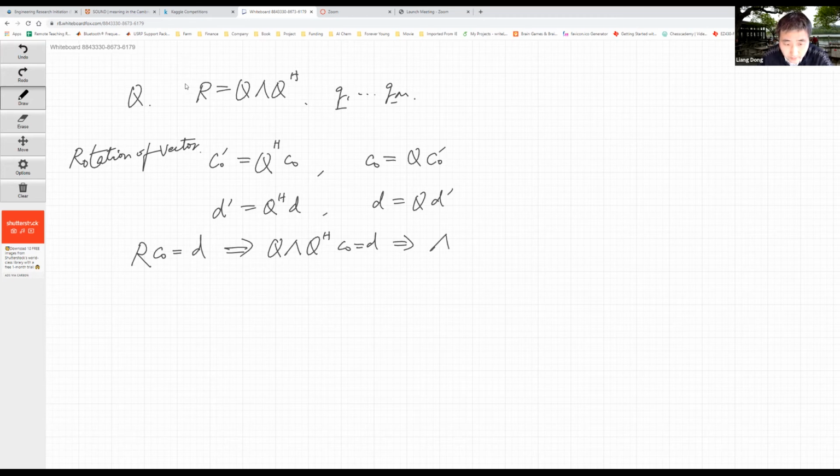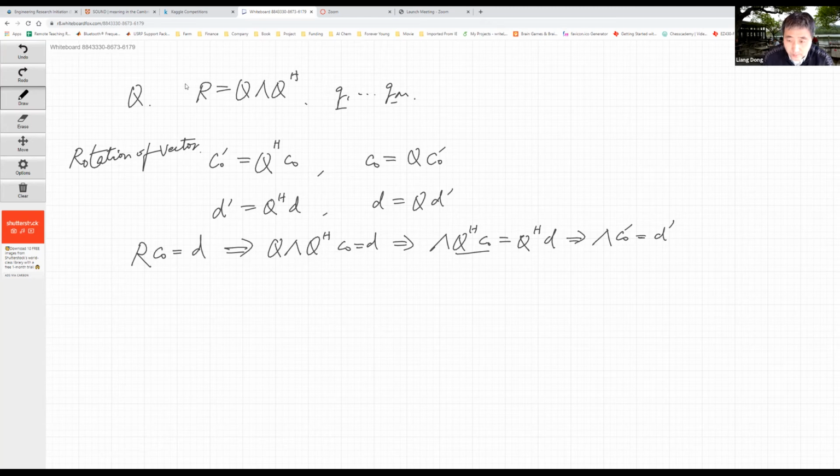So on the left we have lambda Q Hermitian C0, and on the right Q Hermitian times D. That gives us lambda times C0 prime, and the right-hand side of my equation is D prime.